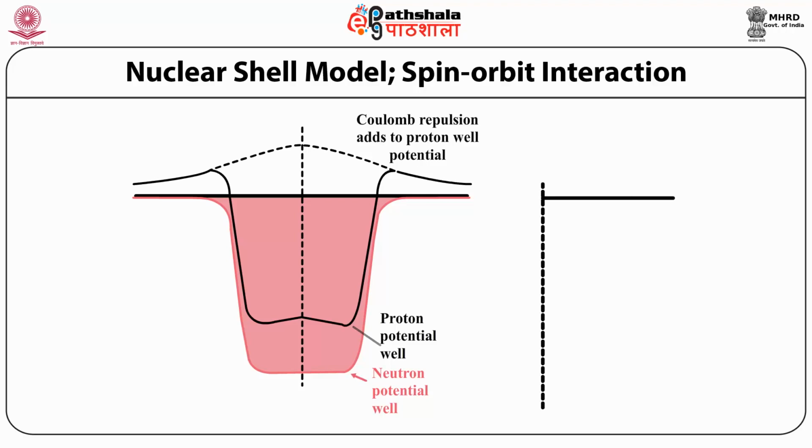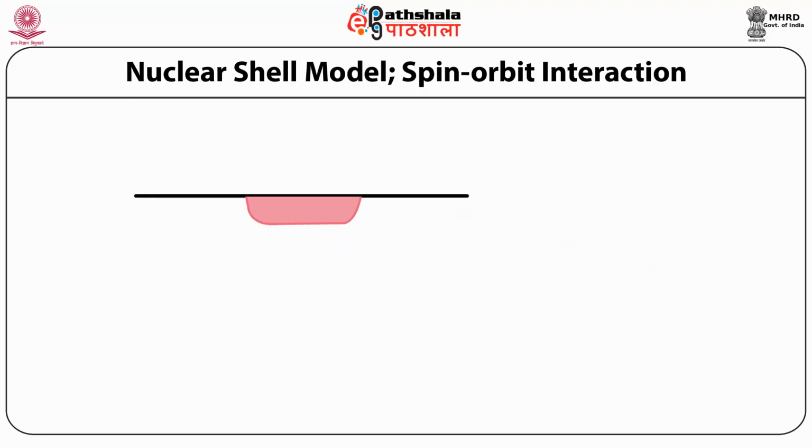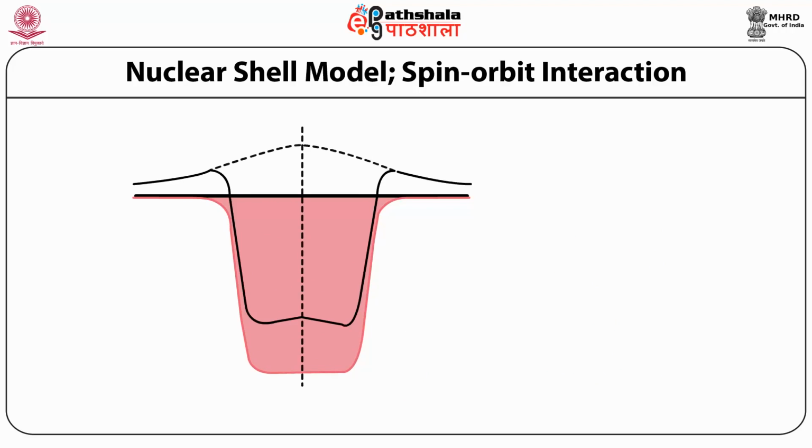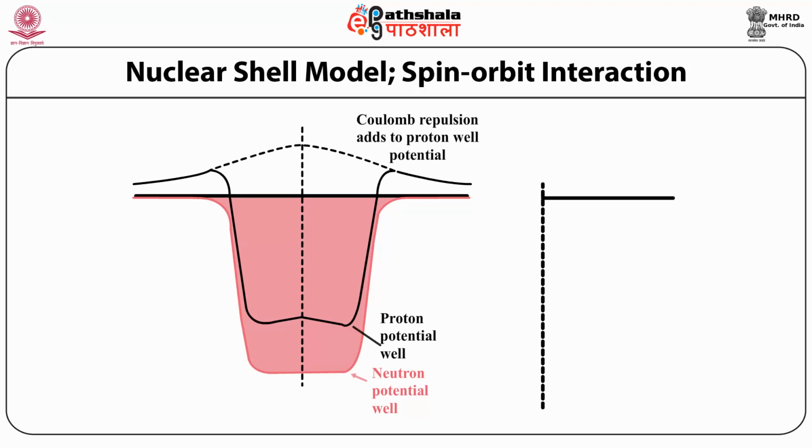So the resultant proton potential is the nucleon potential minus Coulombic repulsion. This is the normal situation in a nucleus, but when we add the spin orbit interaction term, what happens?